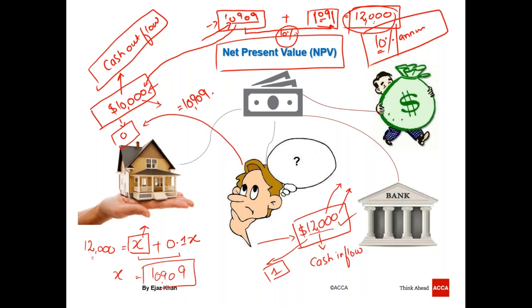But the required investment is just $10,000, which is $909 less than the maximum to be invested. Since this company is going to save $909 if it invests $10,000 today, this company should go for this investment. Is it clear?